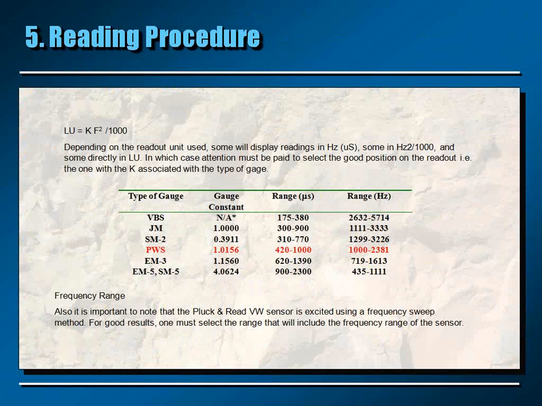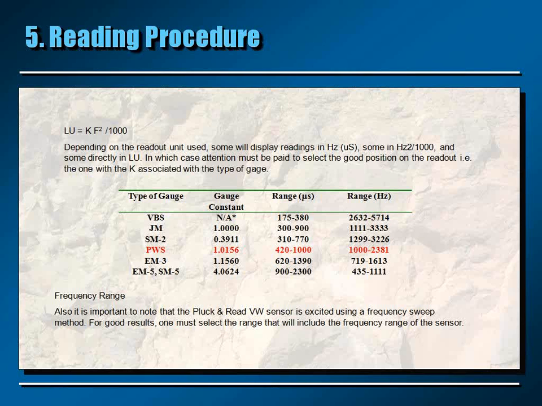This is the unit that will be displayed. And other readouts will directly display the LU, the linear unit readings. So in that case, it is important when you are using a readout unit to select the proper position.